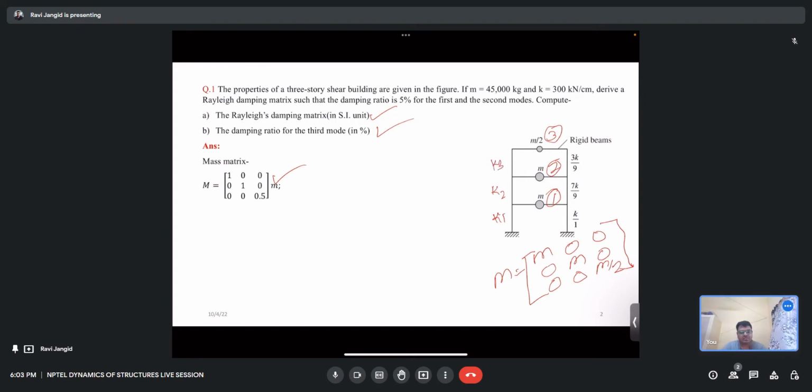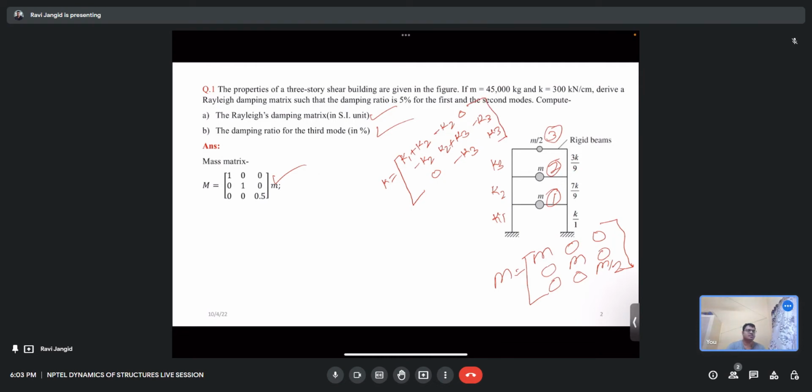So the stiffness matrix would be K equal to k1 plus k2, minus k2, 0; minus k2, k2 plus k3, minus k3; 0, minus k3, and k3.